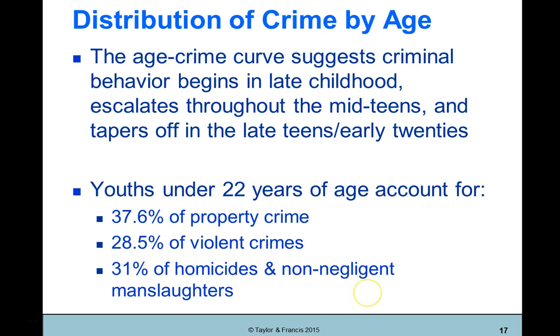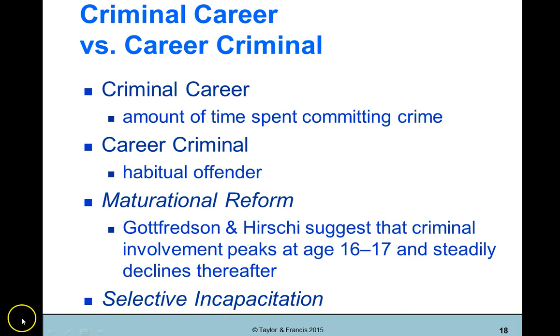They'll increase until they hit their 20s, and then really as they get older, they just quit offending. And here's another support of what I said from Gottfredson and Hirschi, that criminal involvement peaks at age 16 and 17 and then steadily declines thereafter.